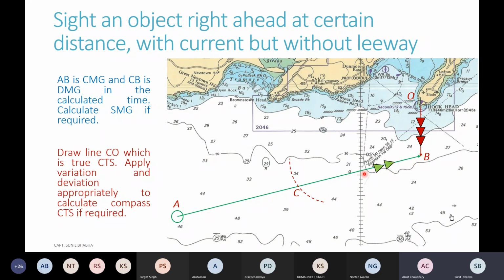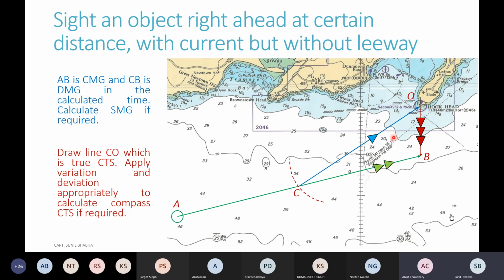For this, let's draw a line joining point C, the Charlie point, with our object O, which is the Hook Head lighthouse. So let's join these two and mark this line CO. This Charlie to Oscar is our course to steer.